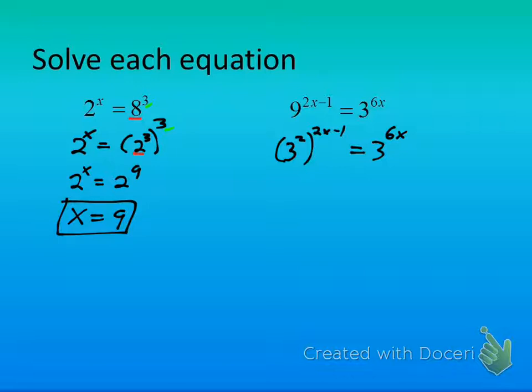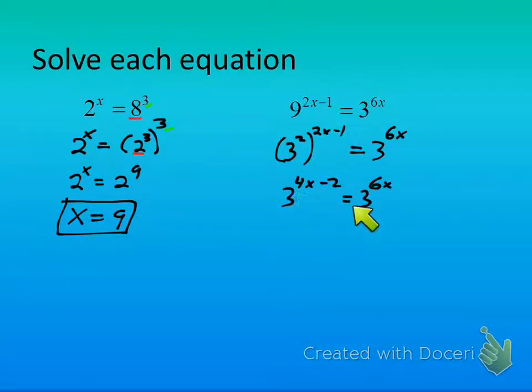A little trick on this one here, since you still have to do power of a power, but when you multiply these powers, since 2x minus 1 is a binomial, make sure you distribute that 2 throughout here. So you should have 3 to the 4x minus 2 power equals 3 to the 6x power.